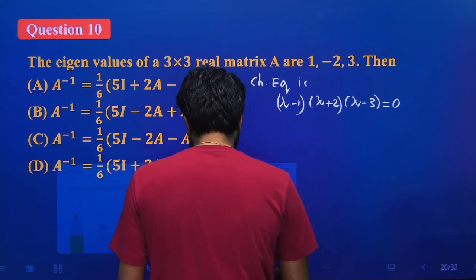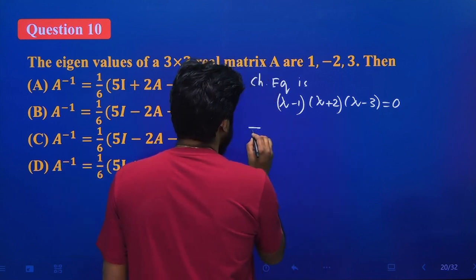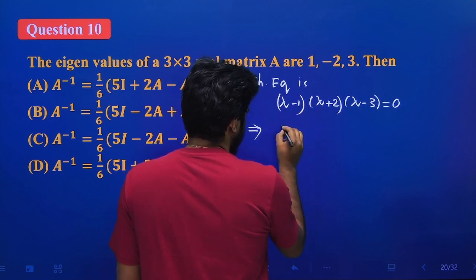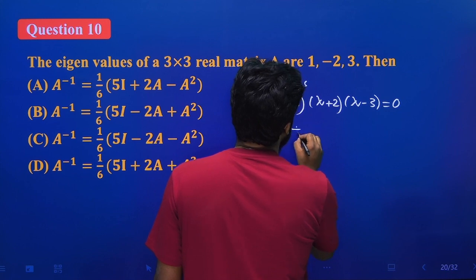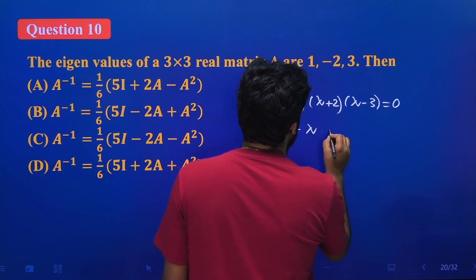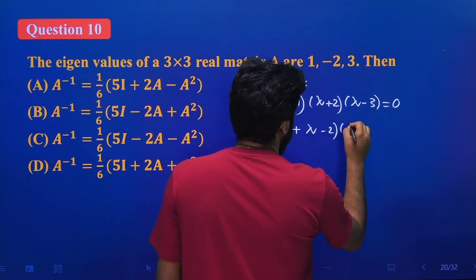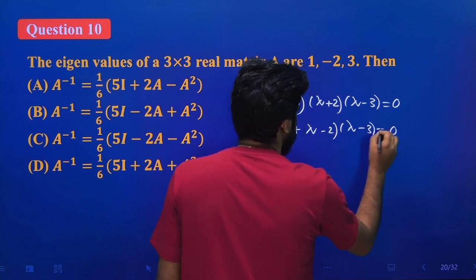If we multiply this, so what do we get? This implies lambda square plus lambda minus 2 into lambda minus 3 is equal to 0.